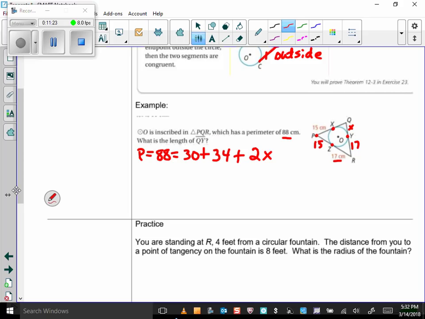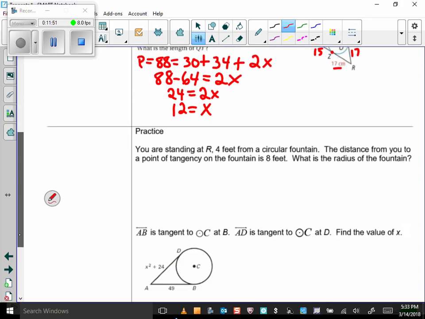Now it's a simple matter of solving this equation for X. So 88 minus 64 equals 2X, so 24 is 2X. Therefore, X is 12. We labeled QY as X, so that's 12, and QX is also 12.